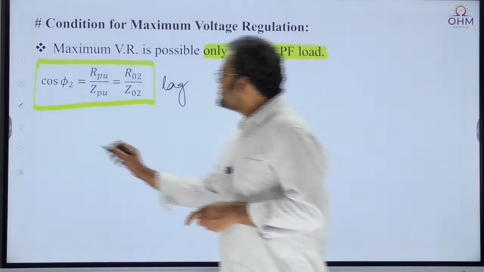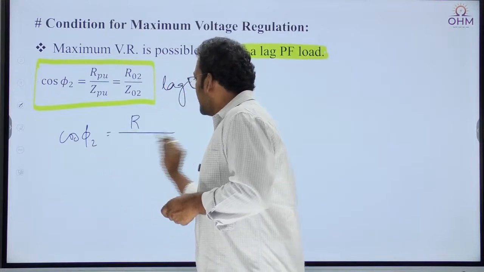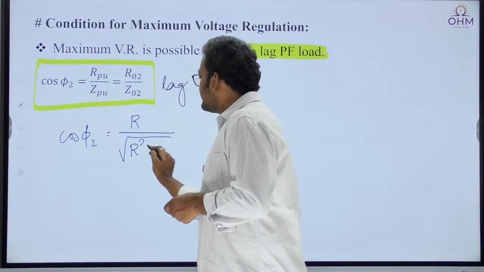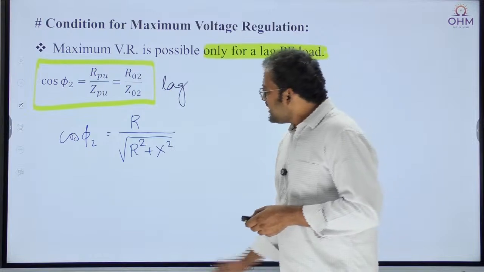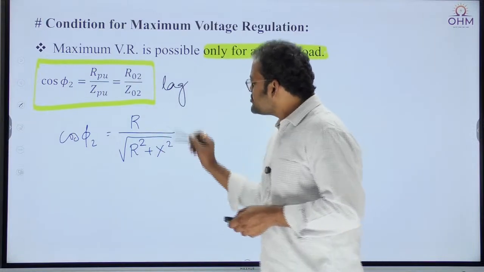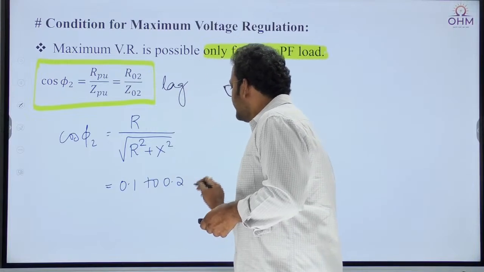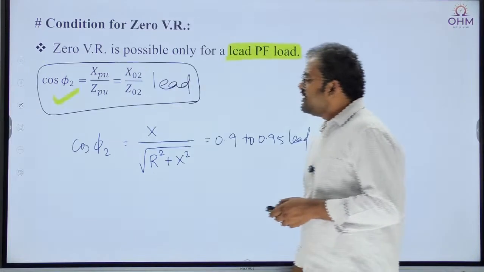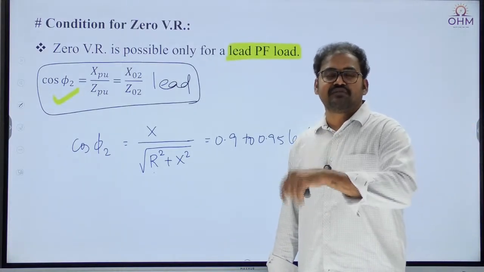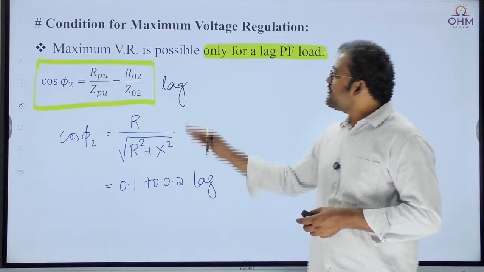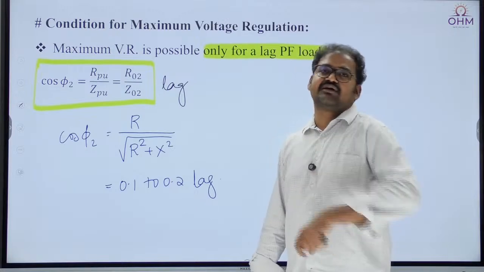Whereas for maximum voltage regulation, at what power factor is it happening? R by Z, where Z is the square root of R square plus X square. The important thing is R is very small. When I say R is very small, can I say this ratio is very near to 0? So maybe 0.1 to 0.2 lagging. So zero voltage regulation is possible for a power factor near unity on the leading side. Maximum voltage regulation is possible for a power factor near 0 on the lagging side.